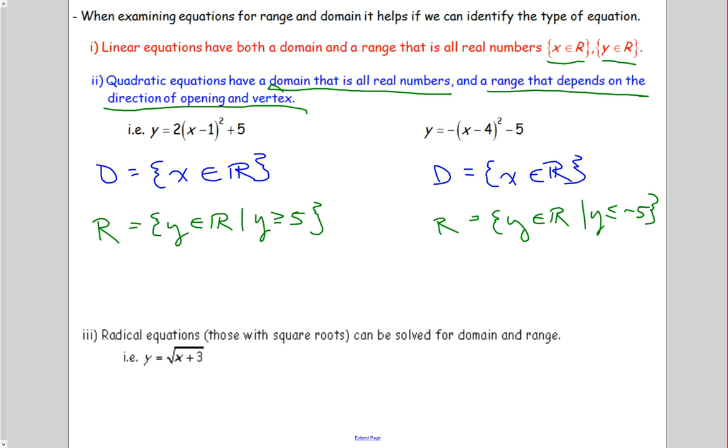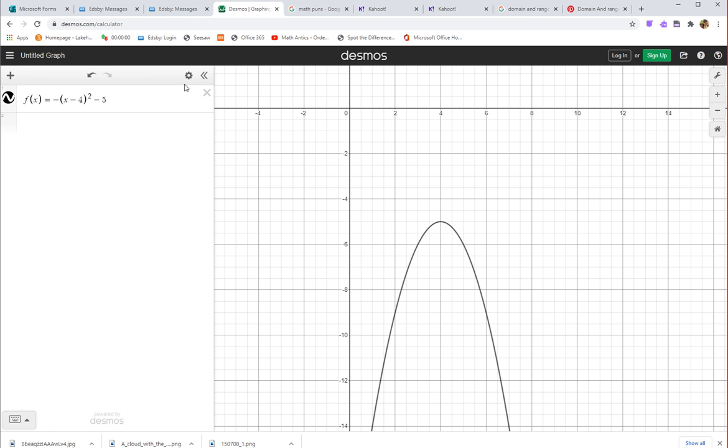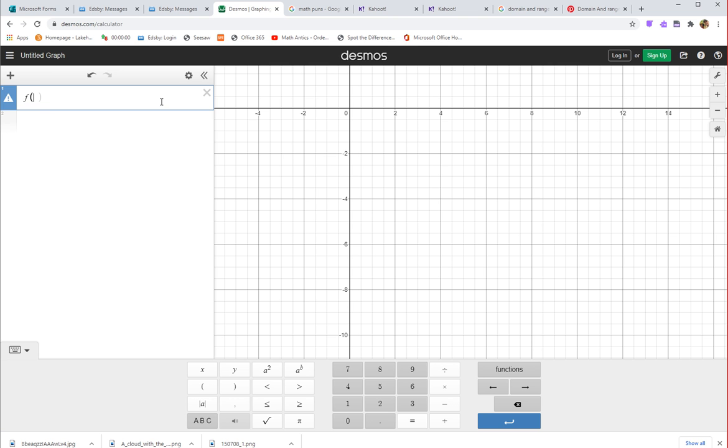So let's try this one in Desmos and see what it looks like. So we'll say f of x equals, and on my keyboard down here I'll throw the square root symbol. And if I just keep writing, it's going to keep it all under the square root. If I push my cursor button to the right, it'll scoot it out and assume it's not in there anymore.